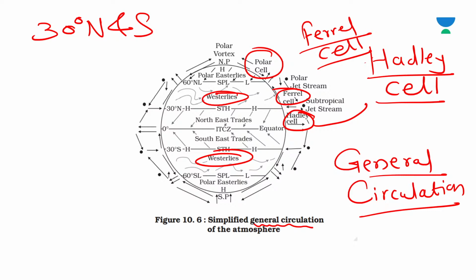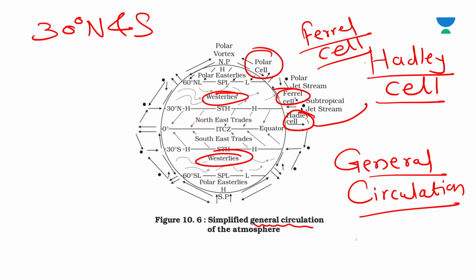So the pattern of the movement of the planetary winds is called the general circulation of the atmosphere, which also sets in motion the ocean water circulation, which influences the Earth's climate.